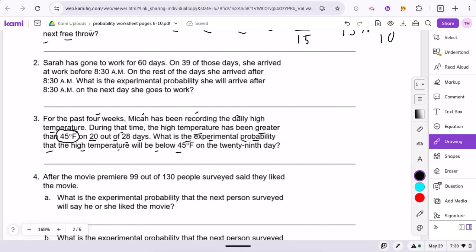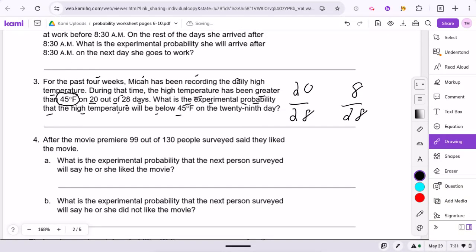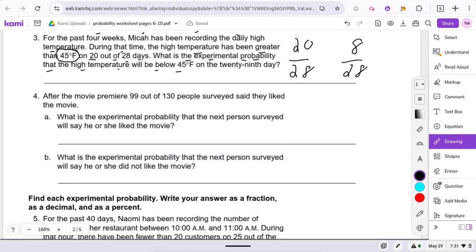So the next day, right, of 20 of 28, that it was higher. So on the next date, it would be only an 8 in 28 chance. So it would be less likely.